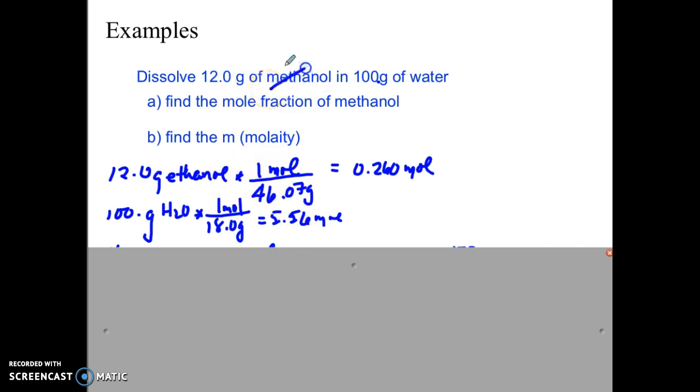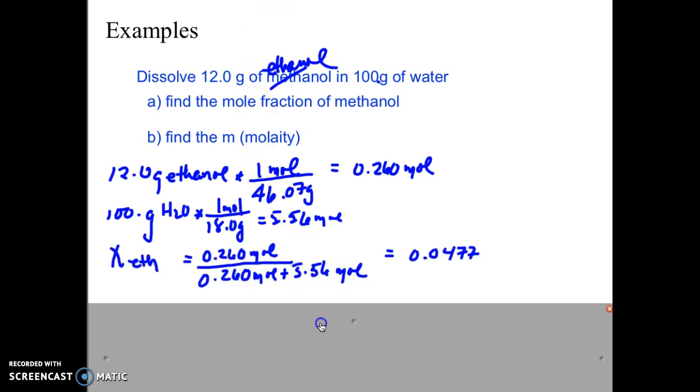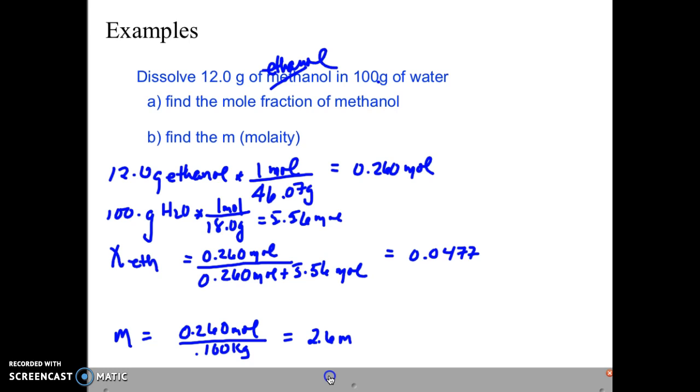We're going to say we have 12 grams of ethanol, and we then have 100 grams of water. When we take a look at that, we get this as a mole fraction for ethanol, and there you go. If we are looking at finding the molarity, and actually this is molality, it's not molarity, little m would be the moles over the kilograms of solvent, so that would be 2.6.